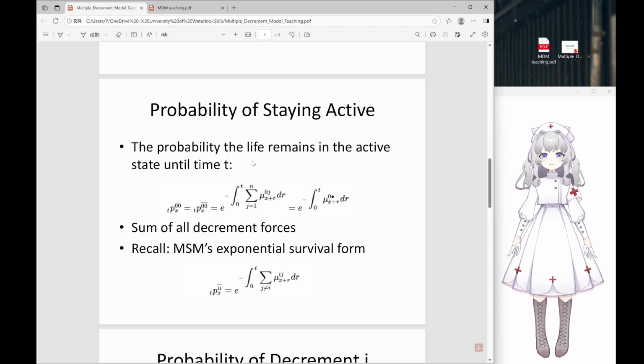So the probability that the life remains in the active state until time t is given by this formula. Why should we have this formula? Because don't forget the MDM is a special case of the MSM, and in the MSM the exponential survival form of the probability t_p_{ii} bar is the exponential of minus the integral of all the forces of transition.